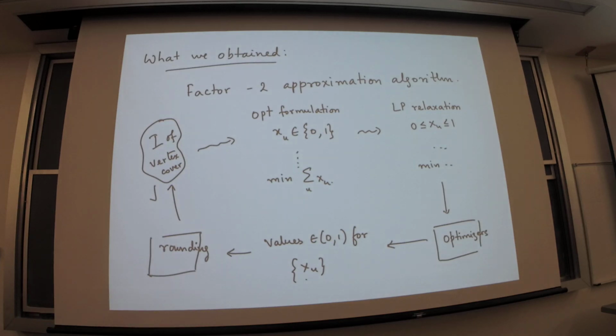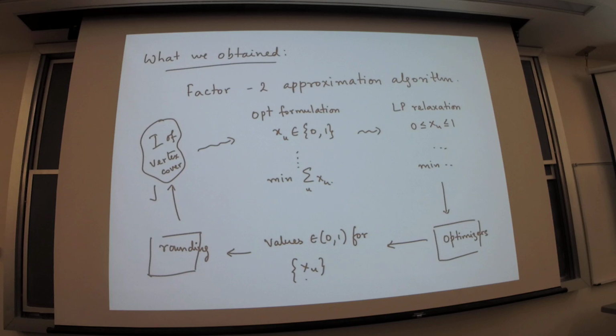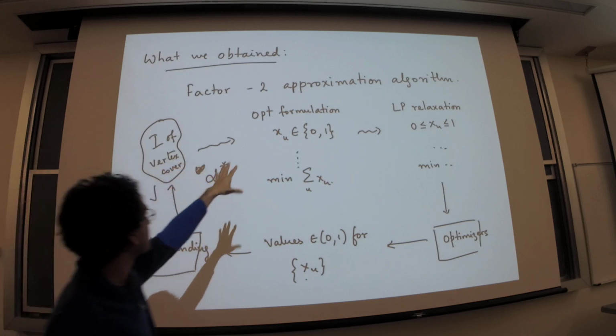So now we've also analyzed the costs, right? Let's say the optimum value for this problem was some alpha star. So alpha star is the optimum objective value for that problem. What is the optimum objective value here?